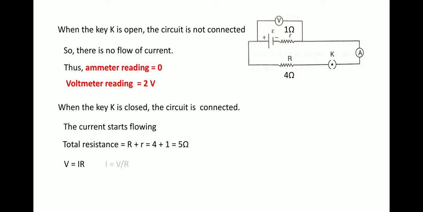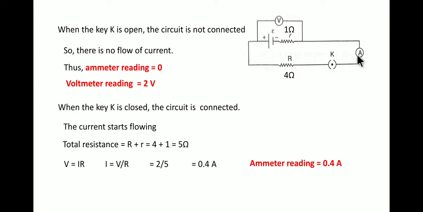This means that I is equal to V by R. Now V, the potential difference, is 2 volt, and resistance is 5 ohms. So I will be equal to 2 by 5, and 2 by 5 is equal to 0.4 ampere. Since we are talking about the current I, it is 0.4 ampere. So the ammeter reading will be equal to 0.4 ampere.